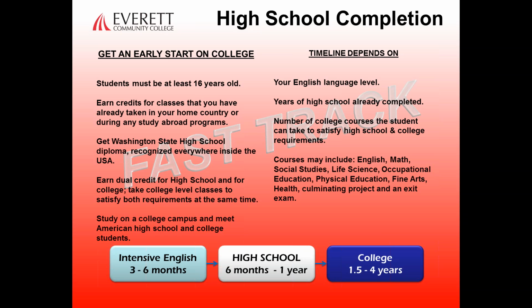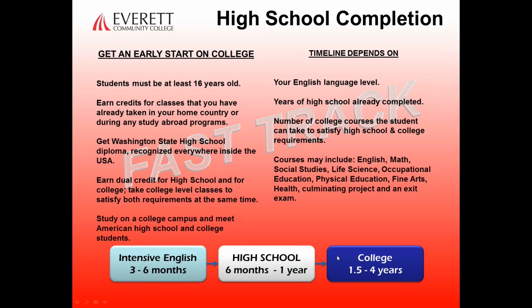We evaluate their high school transcript, and then we look to see which college courses they can take in order to complete high school. So they take college level courses in high school and get both college and high school credit for the same classes. So they pay once and they get 2 sets of credits, 1 for high school, 1 for college.